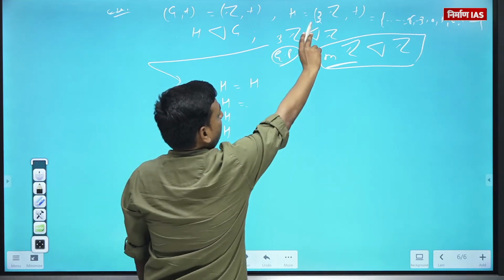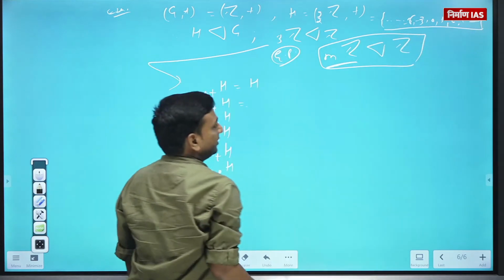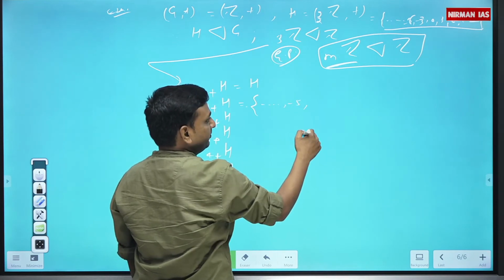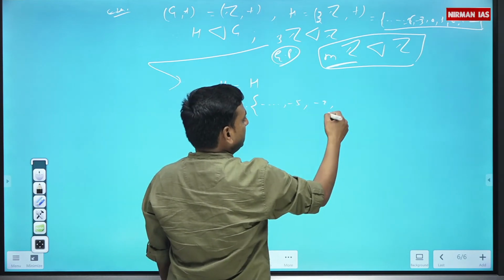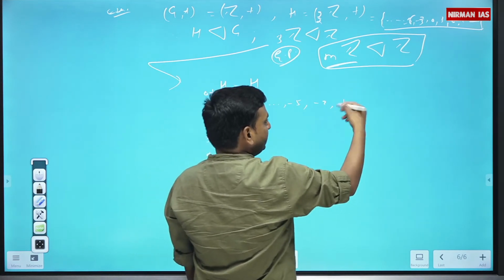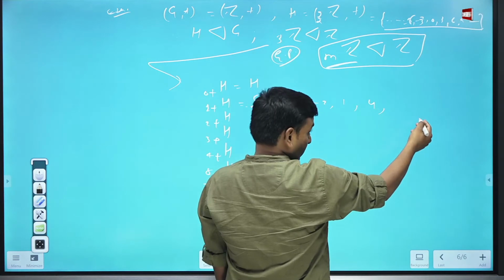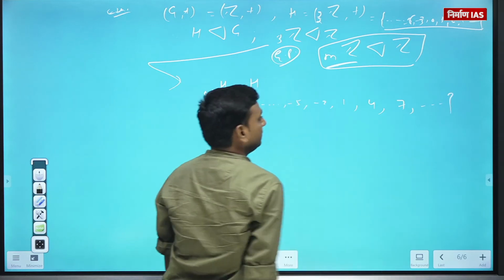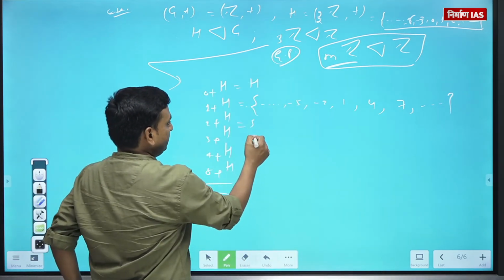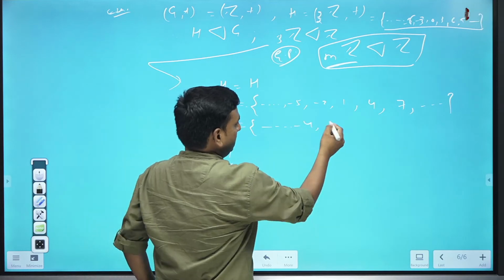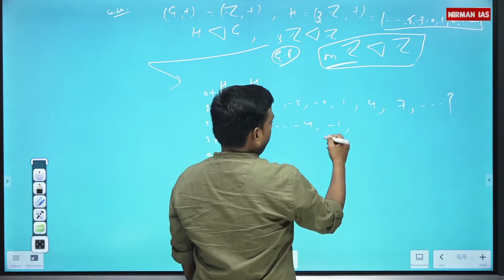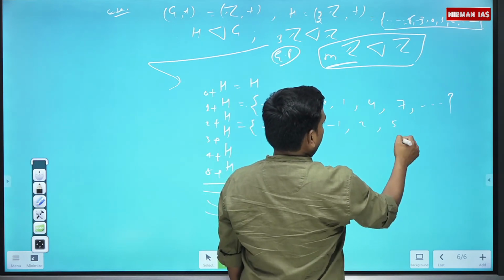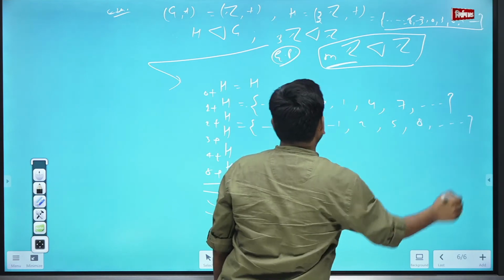Now 1 plus H: if we keep adding 1 to the elements of 3Z, what elements do we get? Adding 1 to -6 gives -5, to -3 gives -2, to 0 gives 1, to 3 gives 4, to 6 gives 7, and so on. In the same fashion, for 2 plus H: -4, -1, then 0 plus 2 is 2, 3 plus 2 is 5, 6 plus 2 is 8, and so on.